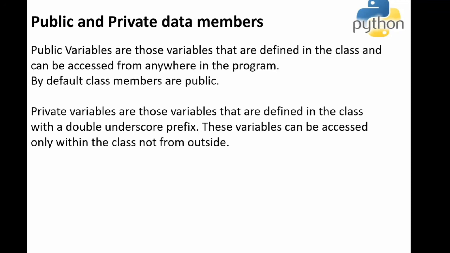If you put two underscores before and two after, then they become dunder methods or dunder variables, which have other specific meanings. But if you want to make a private variable, you have to put a double underscore before it. For example, in this particular program, V1 is what?